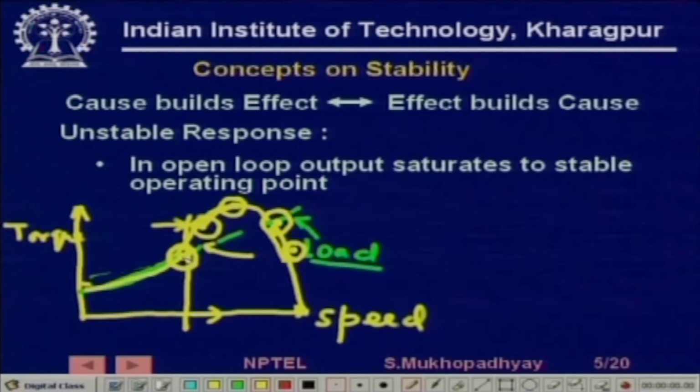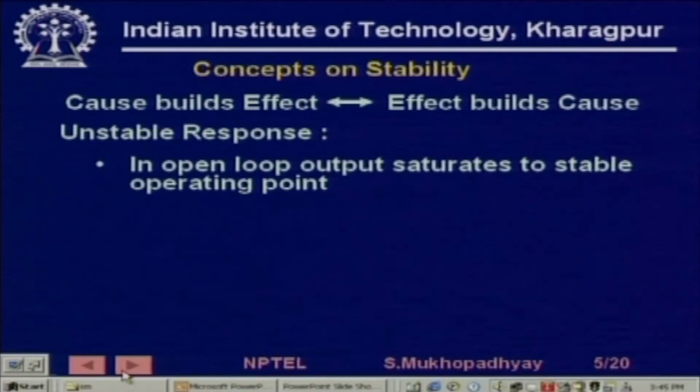In an unstable point, if you move it away from it, it tends to move further away and finally settle to a stable operating point. This is what the motor is doing. On the other hand, from the stable operating point, if it moves away, it is going to come back to that operating point, it will not move away.